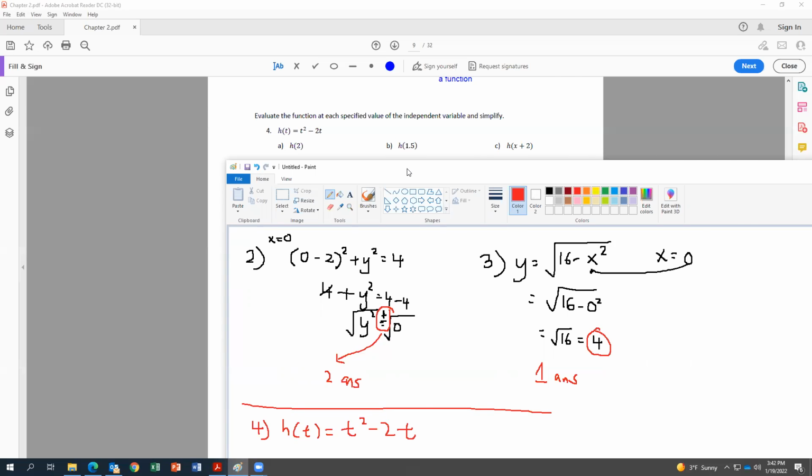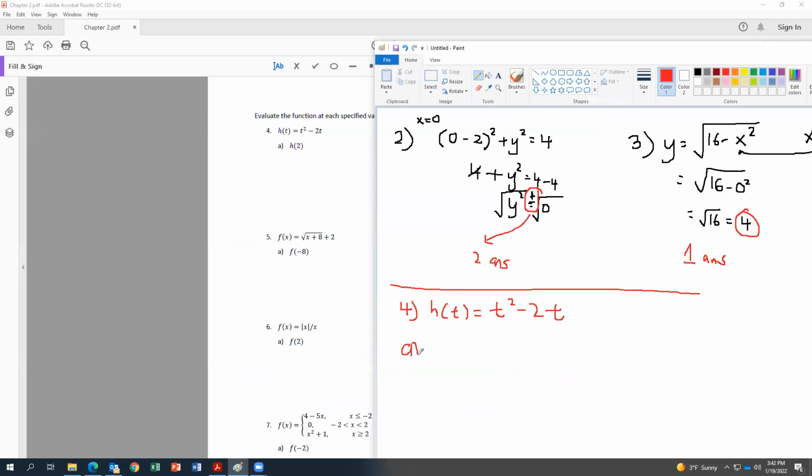So if I ask you for h(2), it means my t in this case will become 2. So what I have is 2 squared minus 2 times 2, which in this case will become 0.